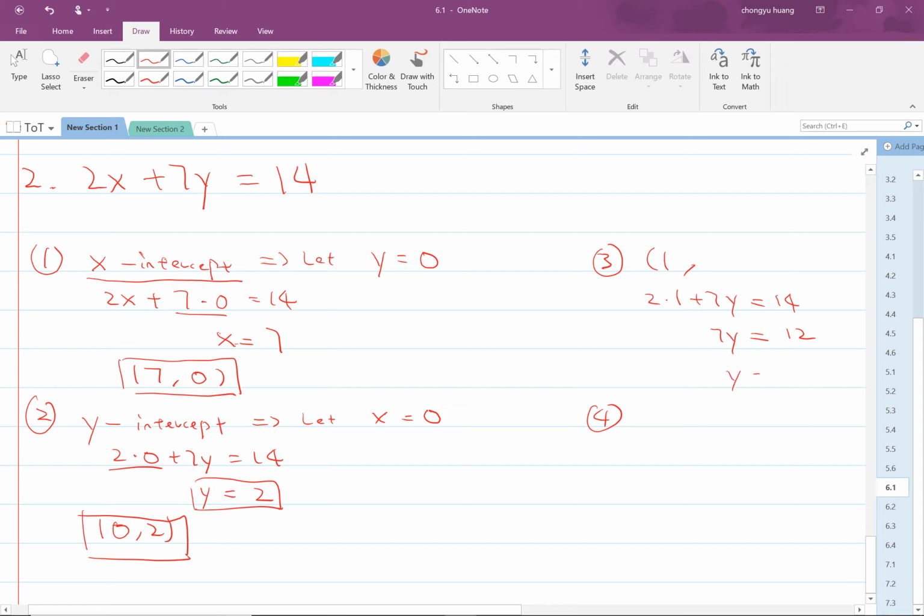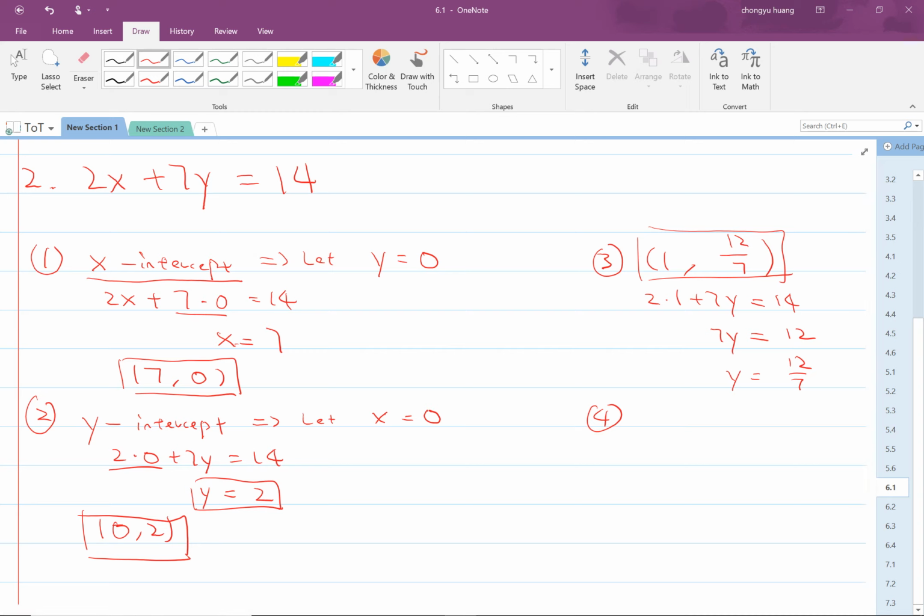So y is equal to 12 over 7. We cannot cancel anything, we just cannot do any cancellation. So the point (1, 12/7) will be a part of the solution.